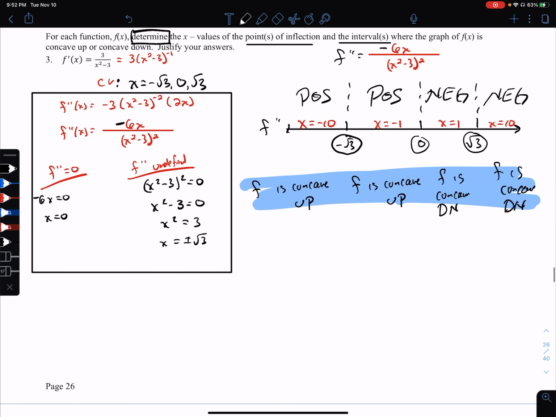So here's what we can say. f double prime is bigger than 0, positive, on the interval from negative infinity to negative square root of 3 in union with negative square root of 3 to 0. What conclusion can we draw from that? The conclusion is that f, the original function, is concave up on these intervals.